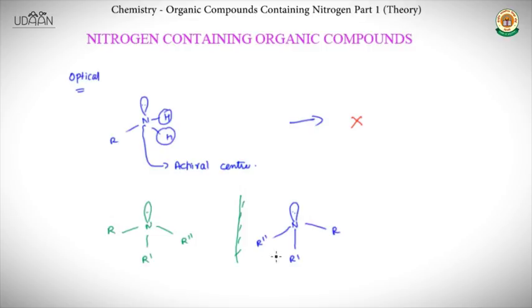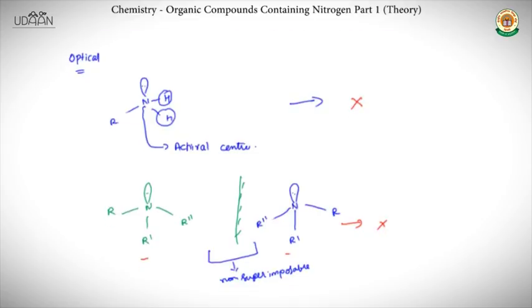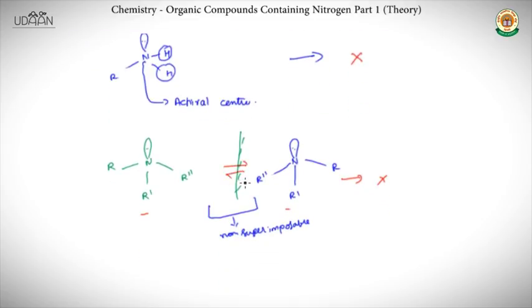As you can see, these two are non-superimposable, but if you take this compound or this compound, it won't show optical activity. This is because rapid interconversion between these two isomers exists. That is, if you take a mixture of, say, this compound, let's call it 1, and this one 2, in this mixture 1 gets converted to 2 and 2 gets converted to 1, and you are going to get an equilibrium between them.